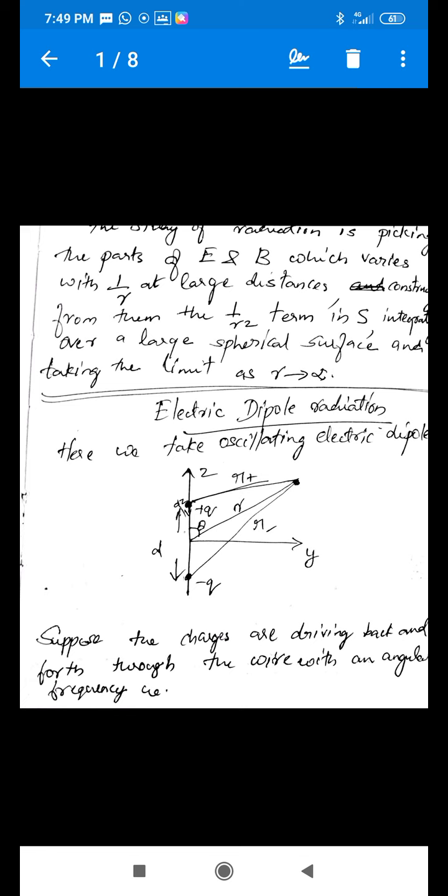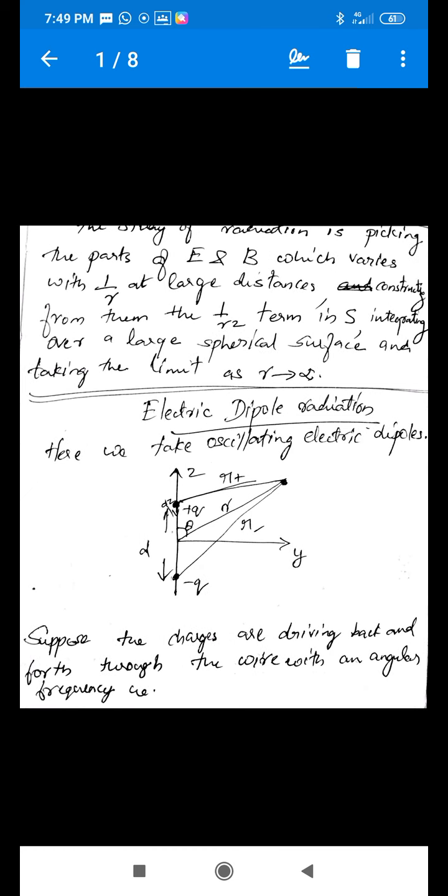Now let us start the explanation of this electric dipole radiation. So this is an oscillating electric dipole. Suppose we have here the charges oscillating at a frequency omega. How can you make this oscillation? Suppose the charges are driven back and forth through a wire.